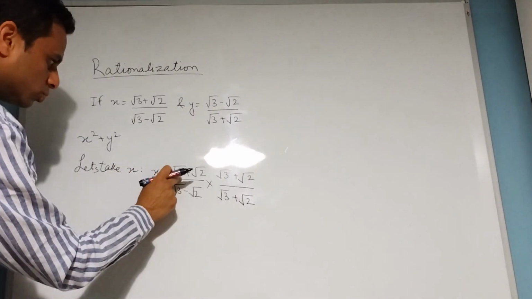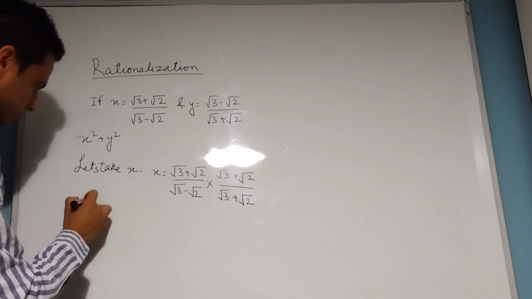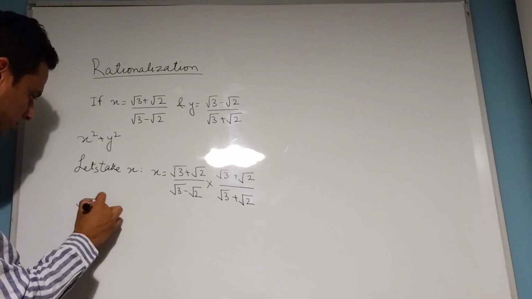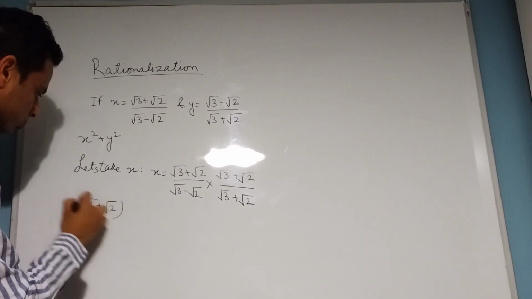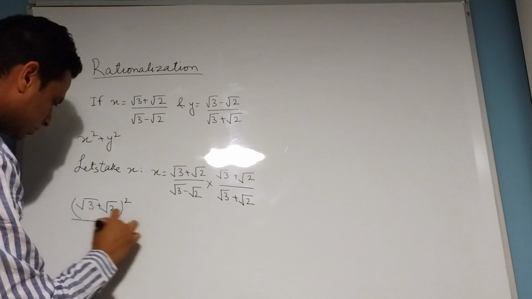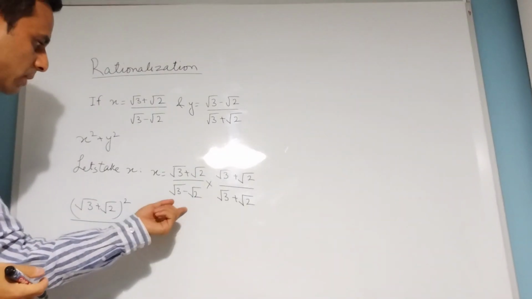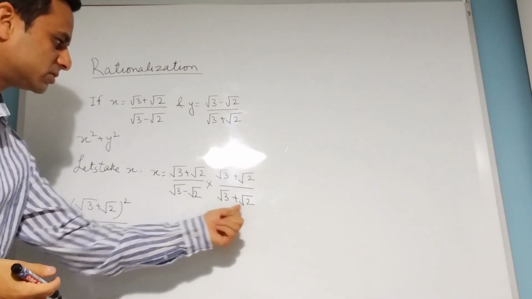Now we see this is root 3 plus root 2, root 3 plus root 2, so the numerator becomes root 3 plus root 2 whole squared, divided by a minus b times a plus b.